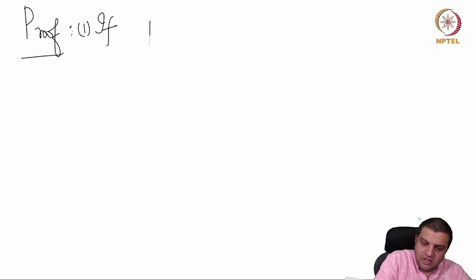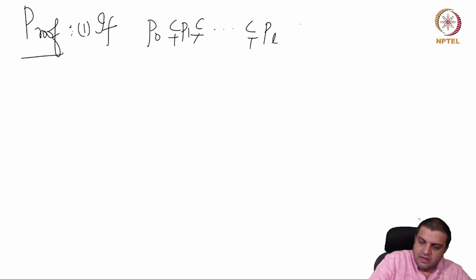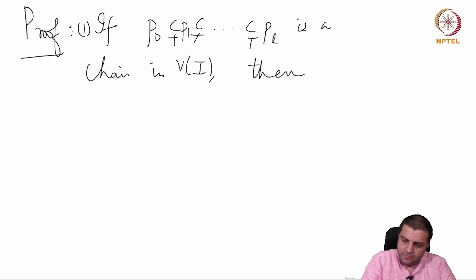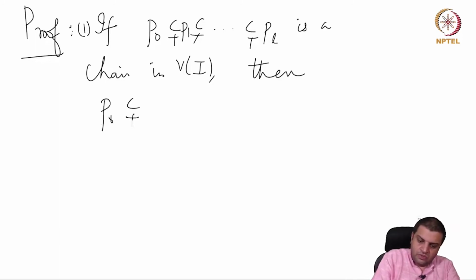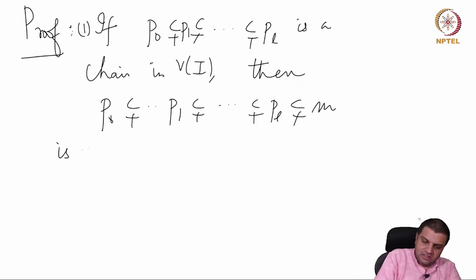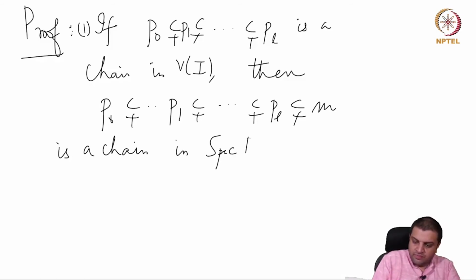If P0 inside P1 inside ... inside PL is a chain in V(I), each a homogeneous prime ideal not equal to the maximal ideal, then P0 inside P1 inside PL, strictly inside the homogeneous maximal ideal, is a chain in Spec R mod I.